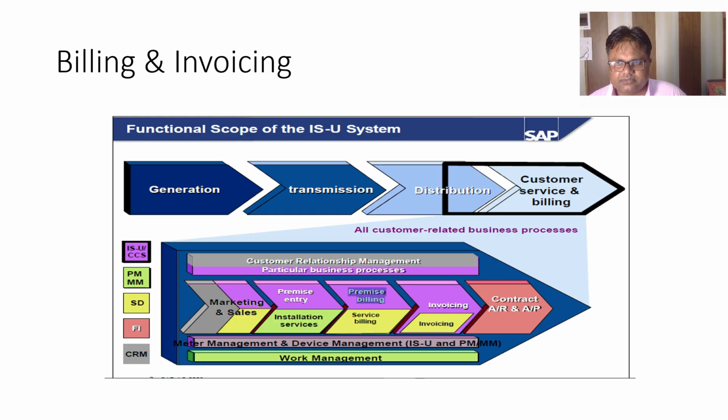Based on the service order, the technician will go to the field. Then they do their jobs, and they can also take pictures and upload them, which we can do in the DMS. And if there are any charges, we can apply them. So all the activity we do in work management, in plant maintenance.